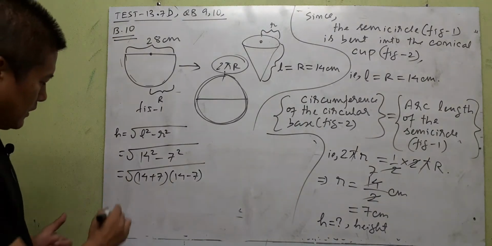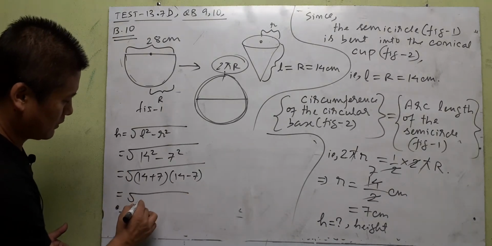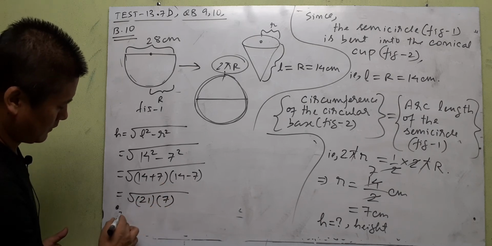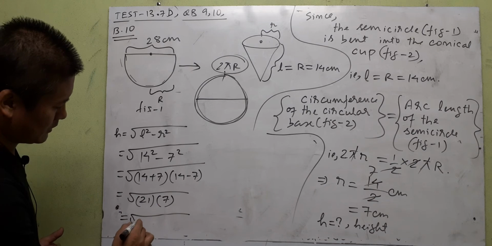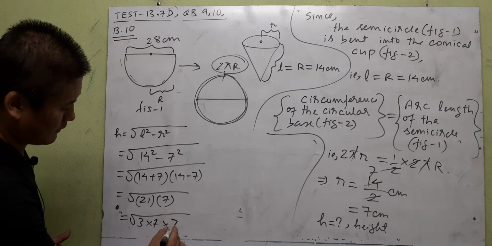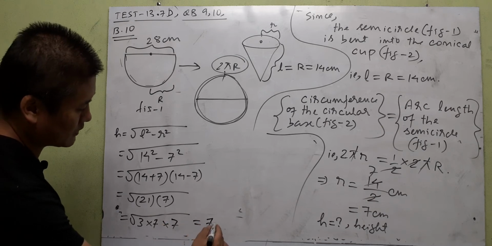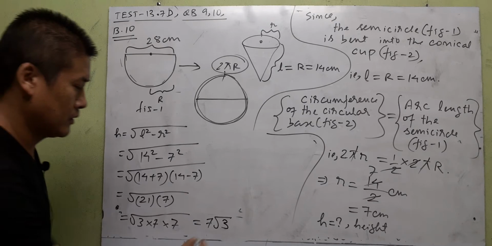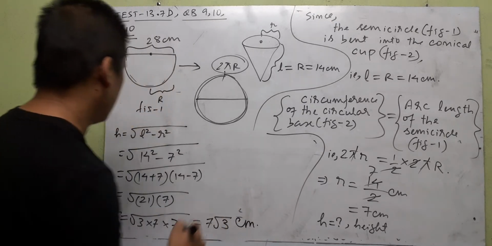So next, if you add 14 plus 7, you get 21, and 14 minus 7 is 7. If you prime factorize this, you will get 3 times 7 is 21. This 7 is the same, so the double 7 will come out, a single 7 out of the root. 3 has no pair, so it will remain under the root. So H is 7 root 3 centimeter. This is the value for H now.